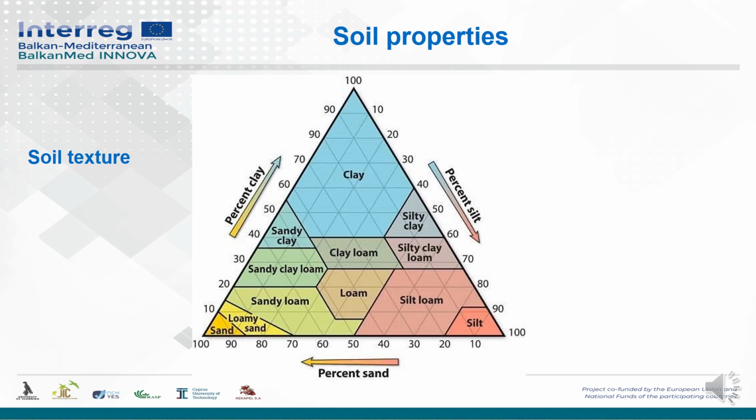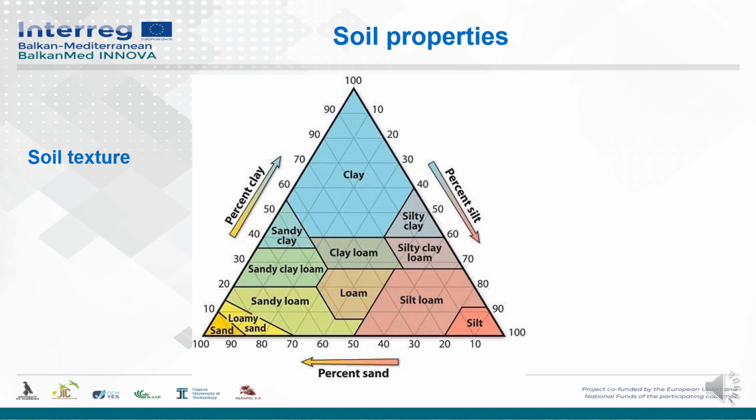And here in this photo you see a triangle. It is the triangle of the soil texture. It is an important tool that helps us to define the soil texture. But before this, we have to do sampling and analysis in the lab to define exactly the percentage of clay, silt, and sand in the sample.